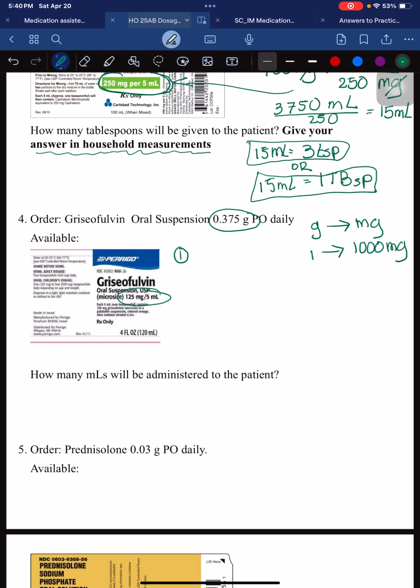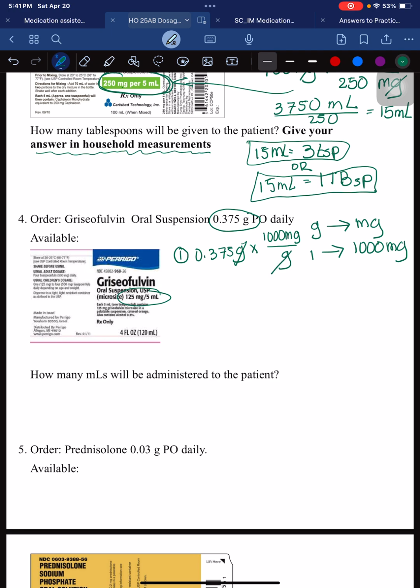So the doctor's order is 0.375 grams multiplied by, we want gram at the bottom so we can cancel it out. So that means milligrams, 1,000 needs to be on top, mg. Okay, now grams can cancel out.